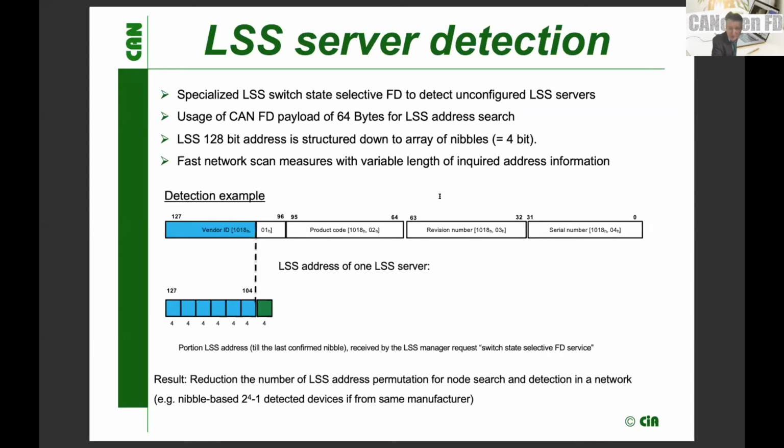By helping with the payload of the CANopen FD frame, in that case we do not need to acquire the whole address of the devices, called the LSS address, which includes the content of object 1018.